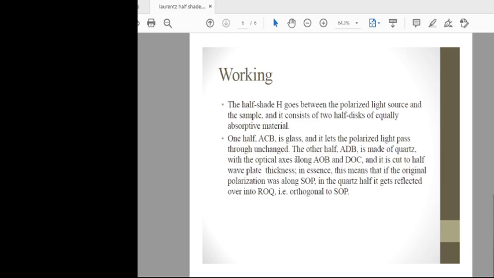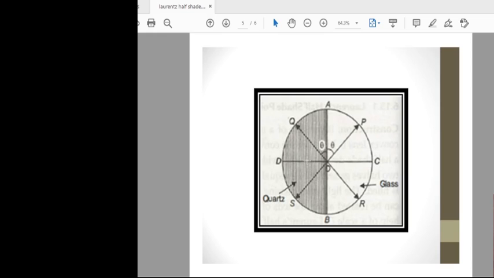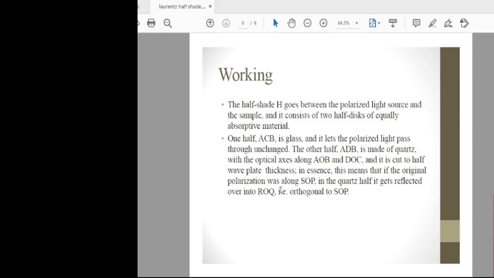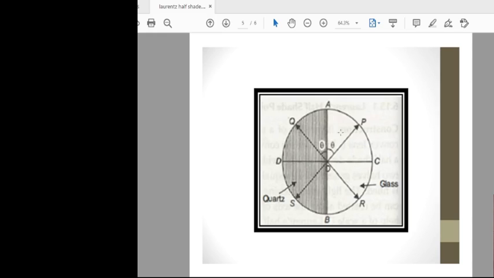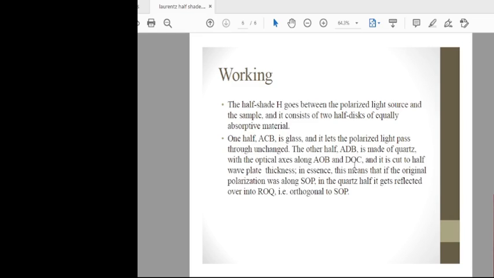And what happens in the other half, which is made of quartz with the optical axis along AOB and BOC? These are the optical axes, and it is cut to half wavelength thickness.